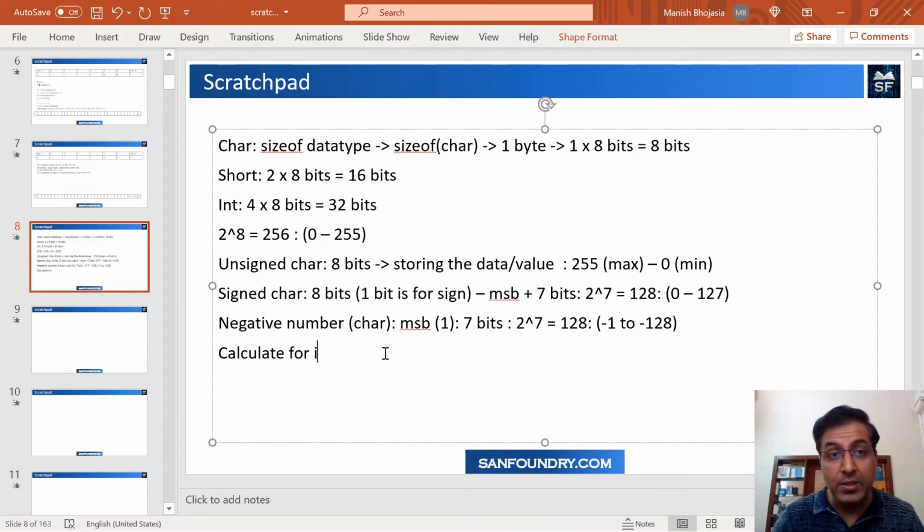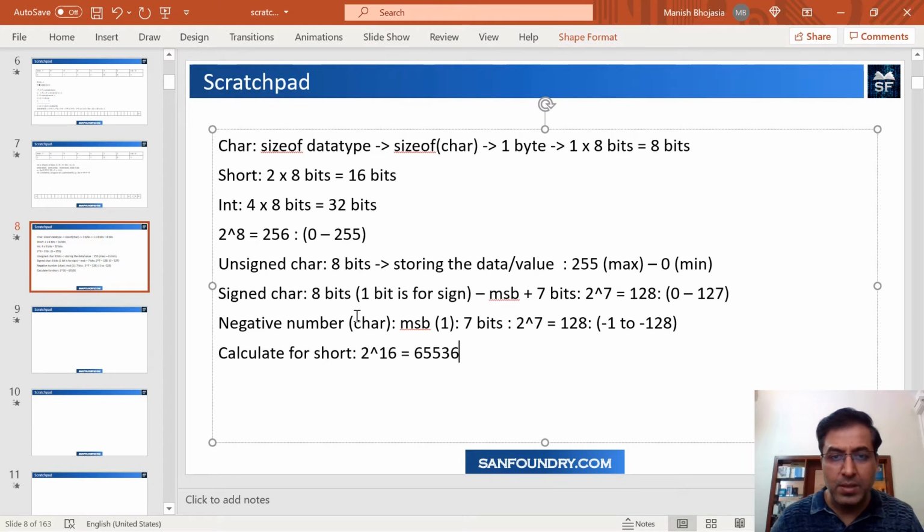Let's take short, which is sometimes easier. Short is basically 16 bits of information, so when you calculate for short, we are looking at 2 raised to the power 16, which, as some of you might know, is 65536.